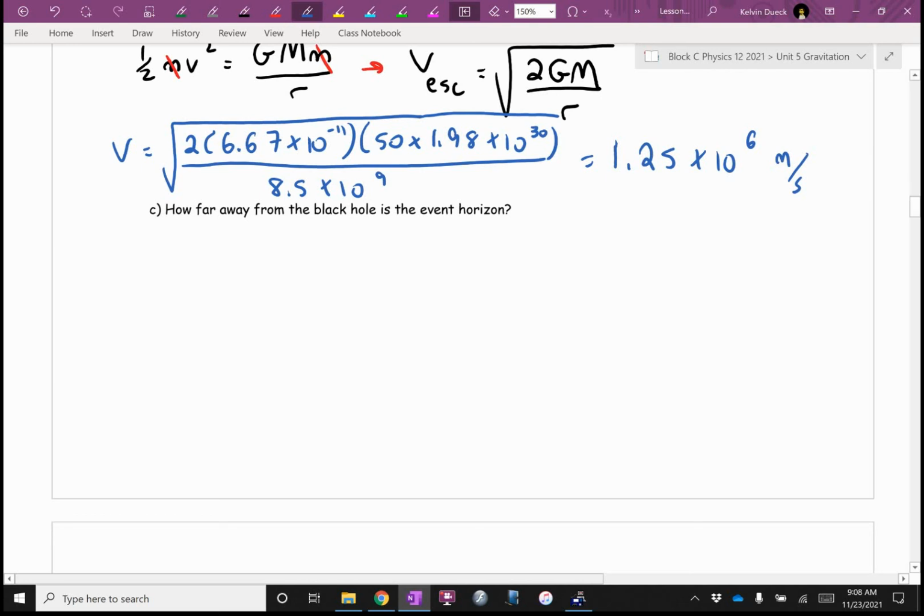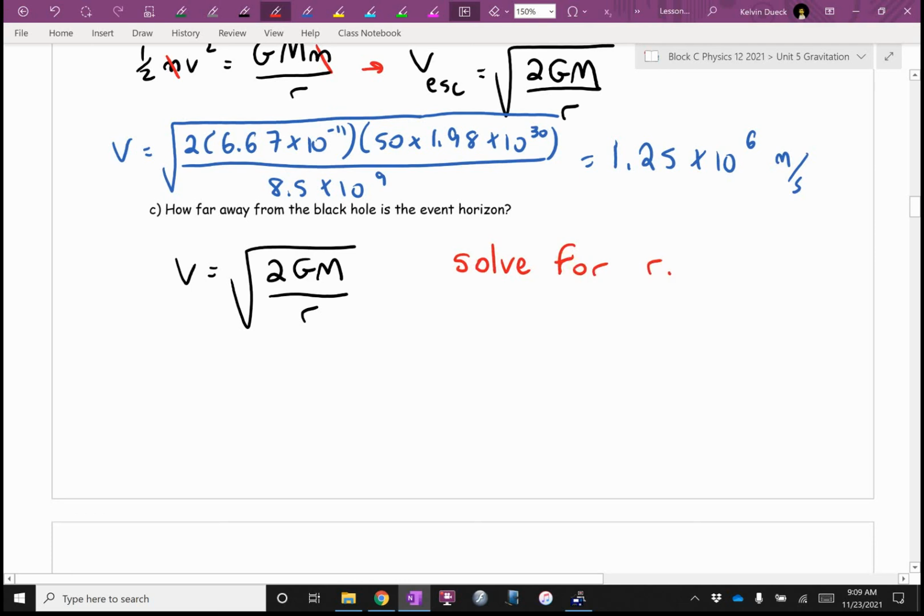And it's really neat. We can actually start with our escape velocity equation. Write that down. And here's what we're going to do. Going to get the r by itself.